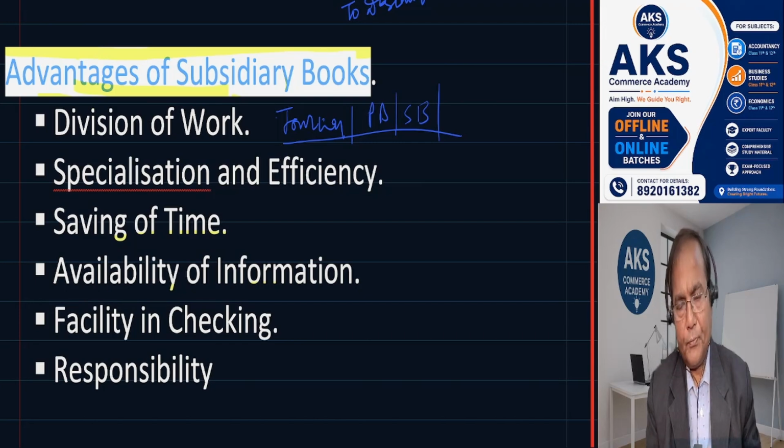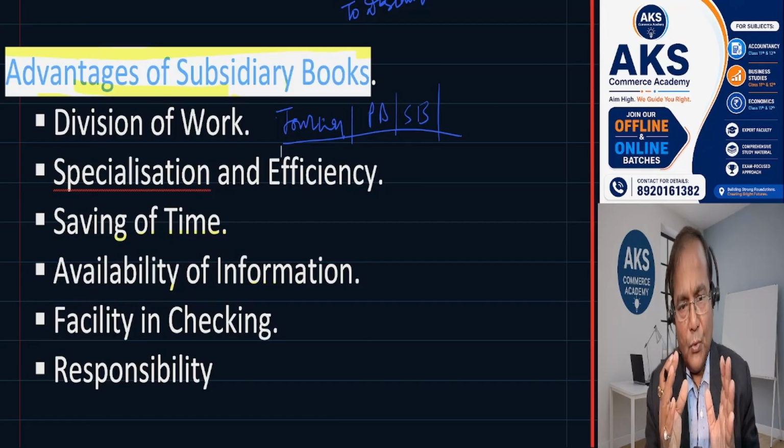Saving of time. As the manpower increases or specialization increases, there is a corresponding benefit in saving time. Availability of information. I highlighted a while ago that easy reference and easy information can be made available. Facility in checking.